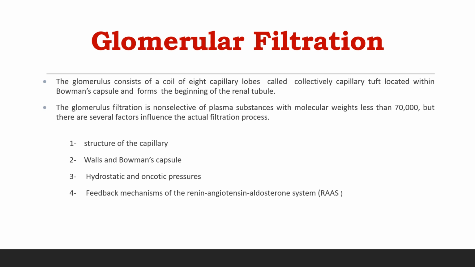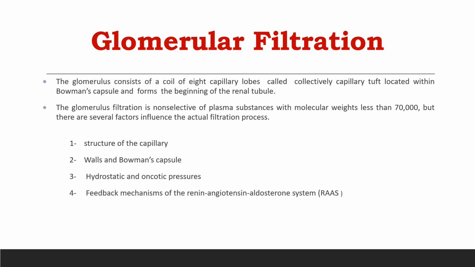The second process that gives the kidney the ability to do its function is glomerular filtration. The glomerulus consists of a coil of capillary loops called the glomerular capillary tuft, located within the Bowman's capsule and forming the beginning of the renal tubule.